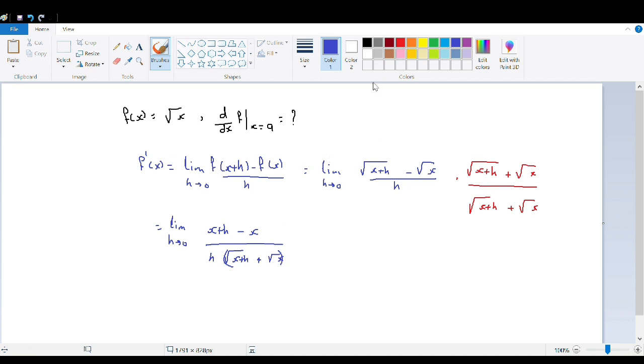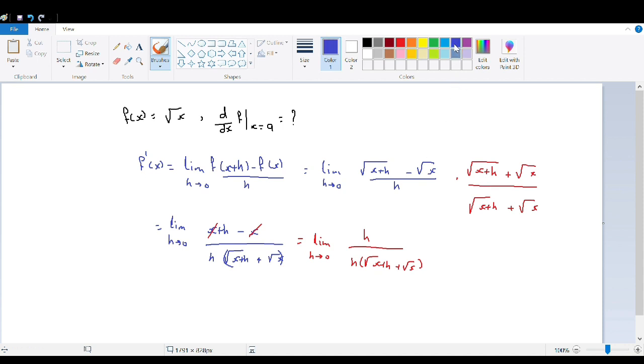From here we can cancel x with minus x because they have different signs. So we are left with the limit of h over h times root of x plus h plus root of x, as h approaches 0.